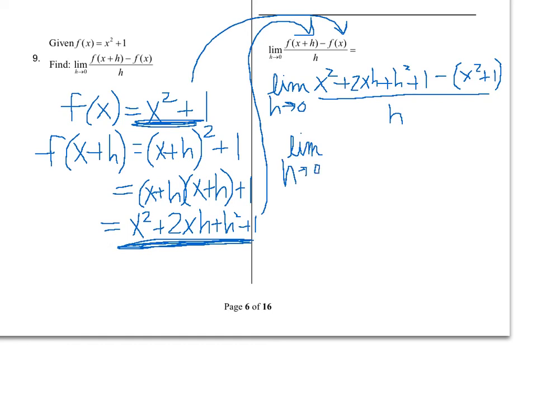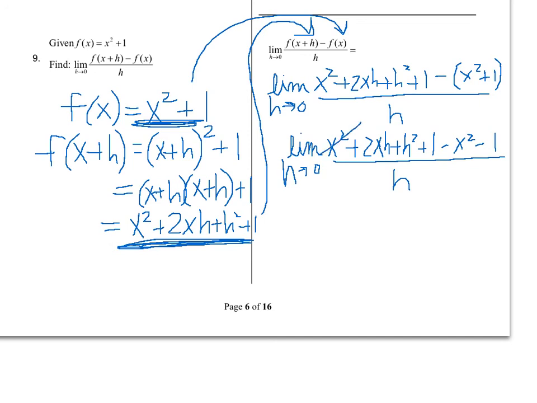So I'm going to have an x squared plus a 2xh plus an h squared plus a 1, and then I'm going to distribute the negative, so I would have minus x squared minus 1. If you make mistakes on these types of problems, it is 9 times out of 10 because you forgot to put parentheses around the f of x or you forgot to distribute the negative.